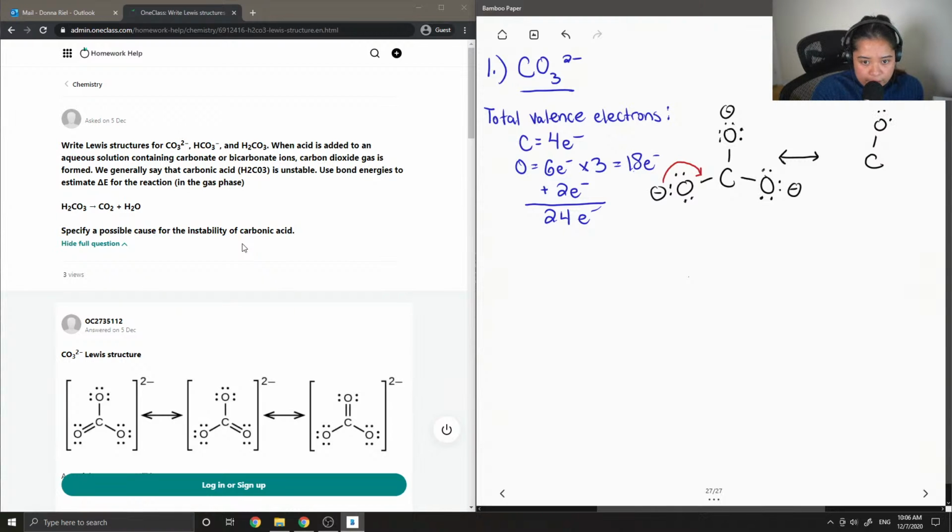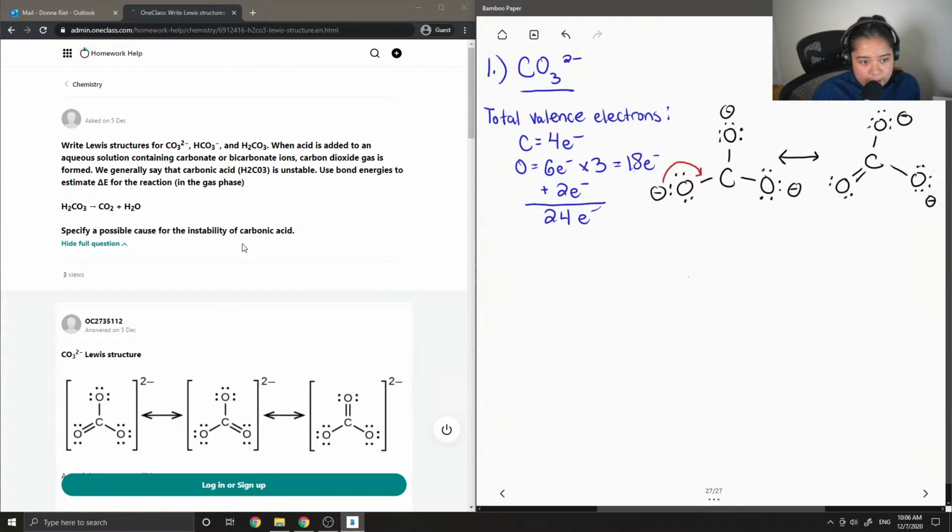So now we can draw out pretty much the same thing, except now there is a double bonded carbon-oxygen bond, and only 4 valence electrons on that oxygen.